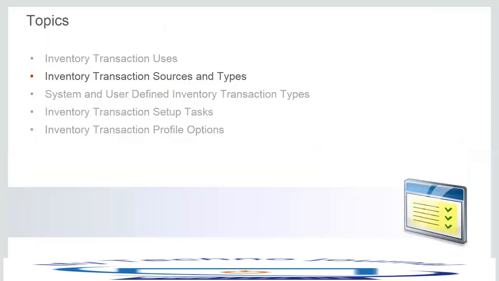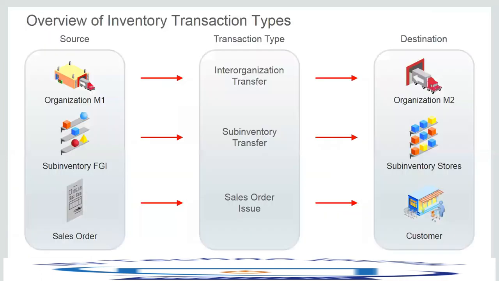Inventory transaction sources and types. The inventory transaction types basically classify and categorize the movement of material into and within your organization and issuing the material out of your organization, as we have just discussed.